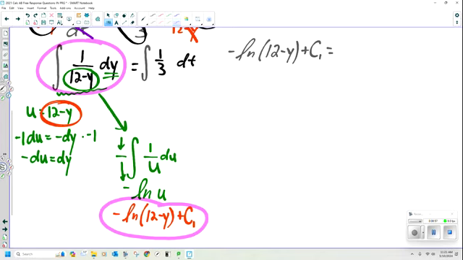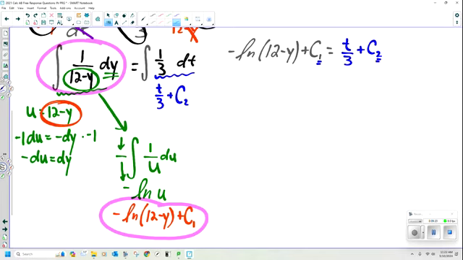All right, well, let's do something simple and integrate this now. That's just 1/3 t. Or if you want to write it, you can say t over 3 plus another constant, okay? T over 3 plus some other constant. The 1 and the 2 that I put with the constants just tells me that these could be different constants. They don't have to be the same constant.